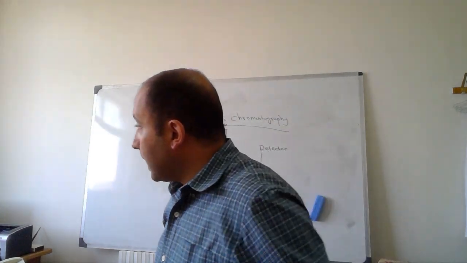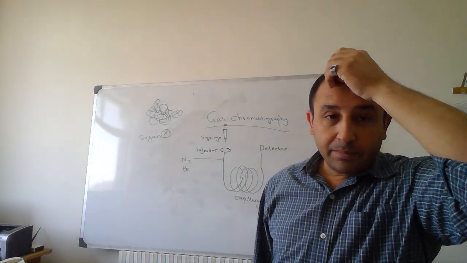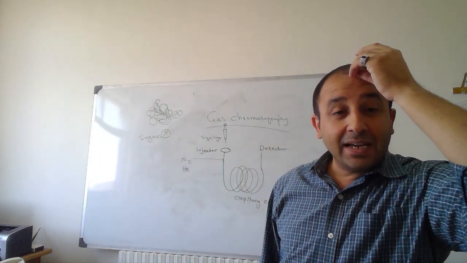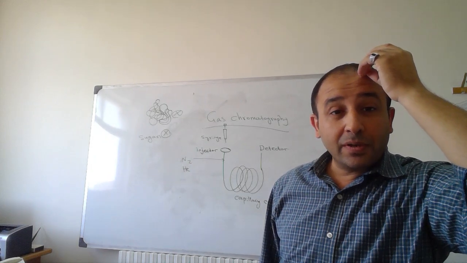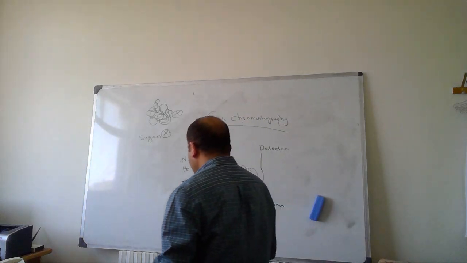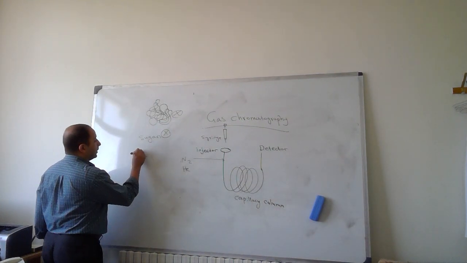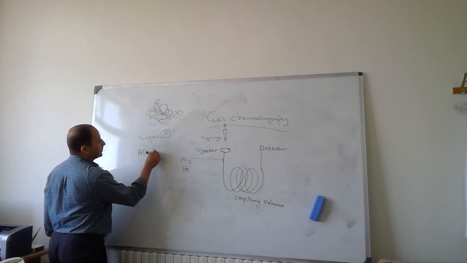Again, if we have a lipophilic compound in ionized form, this compound cannot be analyzed by gas chromatography unless I remove the charge. For example, if we have an alkaloid, now we know that alkaloids are basic compounds.